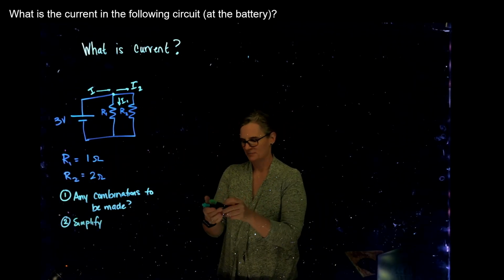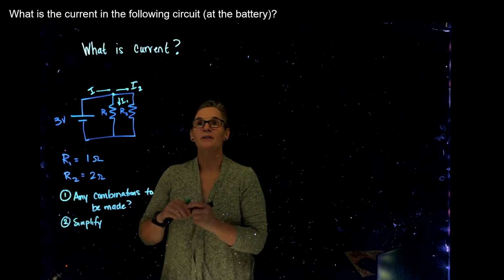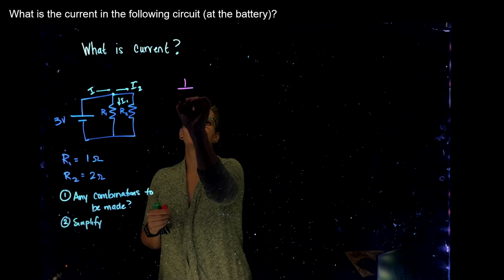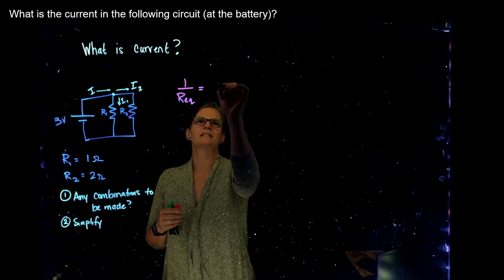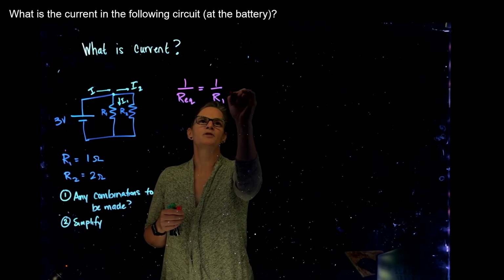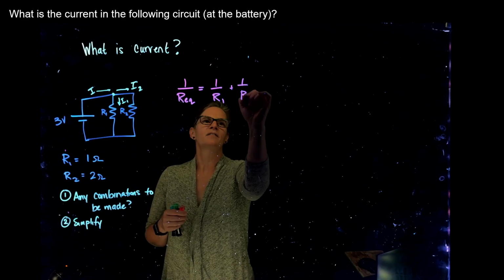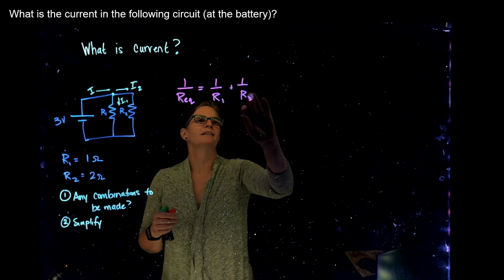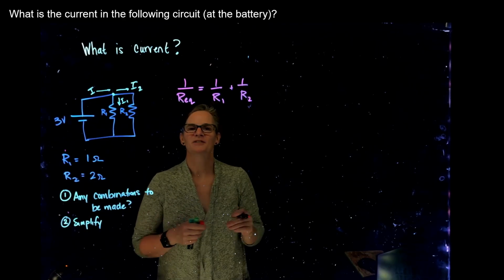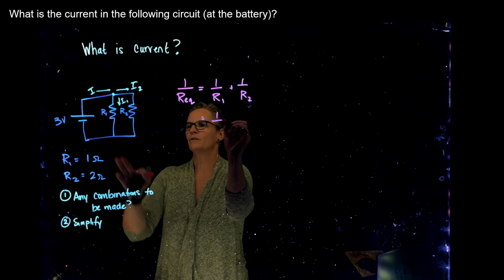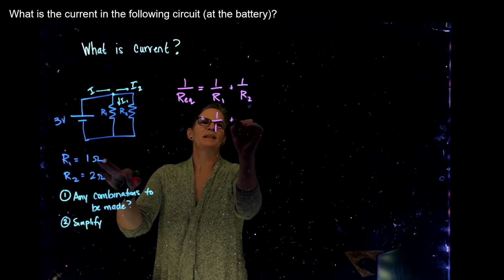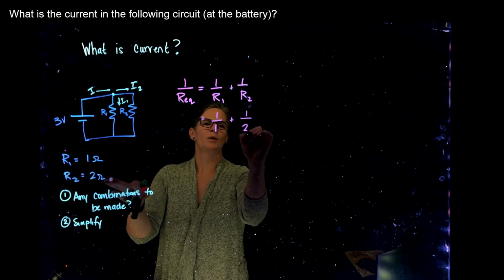equivalent resistance. So we know these are in parallel, and for resistors in parallel, we know that the inverse of the equivalent resistance is equal to the sum of the inverses of each individual resistor. And so we have 1 over 1 plus 1 over 2 ohms.